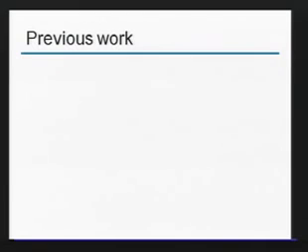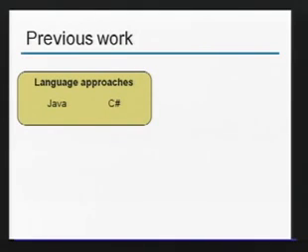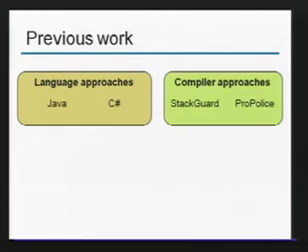So there's a lot of previous work actually on dealing with code injection at the user level. One approach is language level approaches, so dealing with things like Java or C#, and their goal is to remove all of those memory errors that attackers tend to use. And they actually do it quite effectively. The only main downside to language level approaches is that they're not widely adopted enough. So there's still a significant amount of existing and even new software being written in languages that aren't safe in this way, languages like C, and so these approaches don't help prevent those attacks.